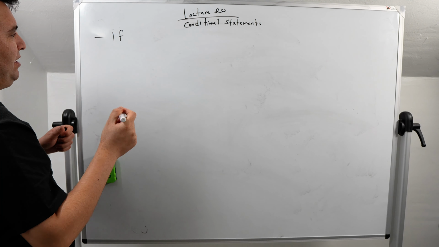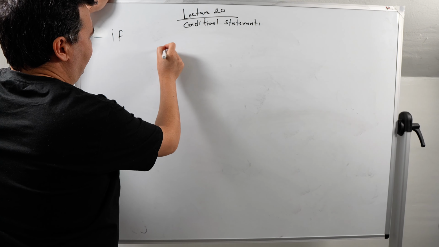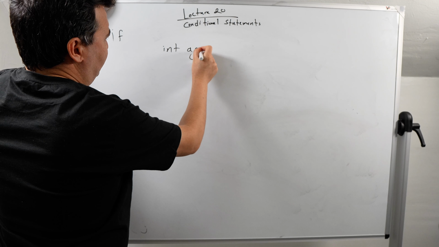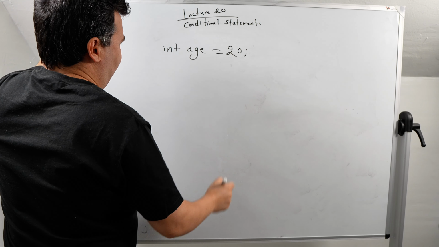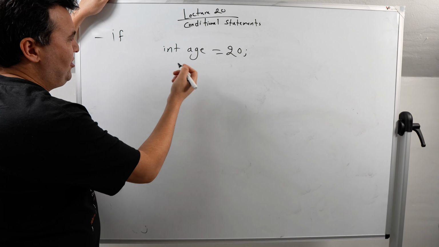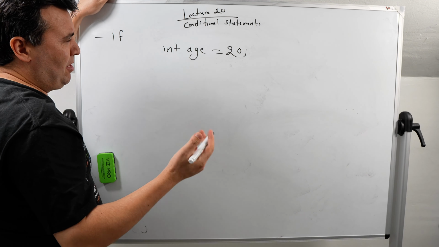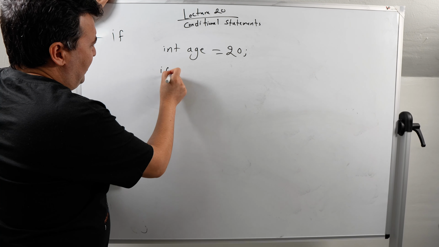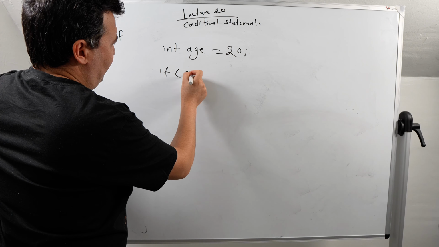for example, if we have integer age, I can say age is equal to 20. So here I check the condition if the user is eligible to vote or not. So in this case, I write if, then I write our condition.